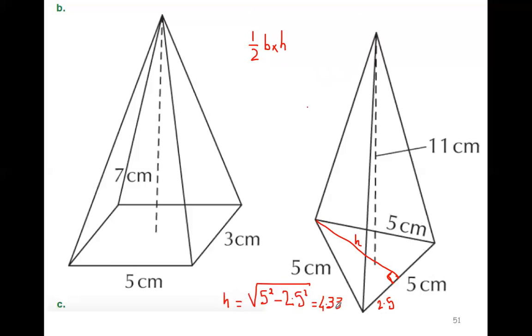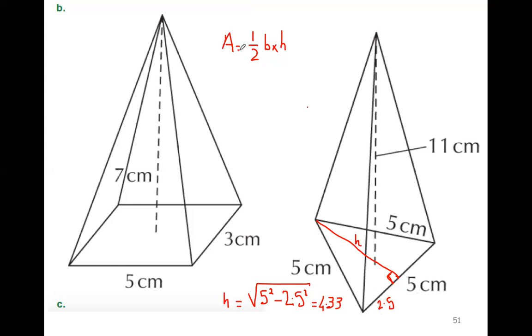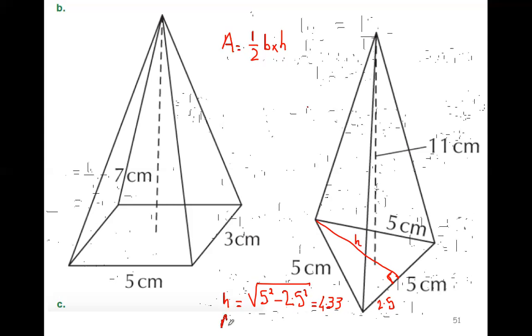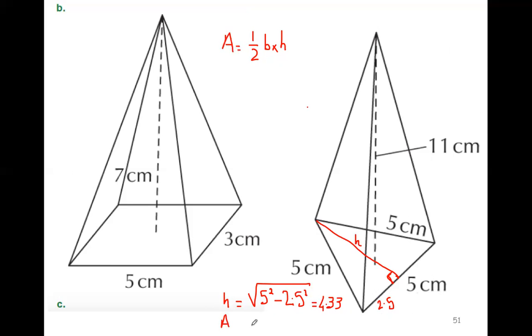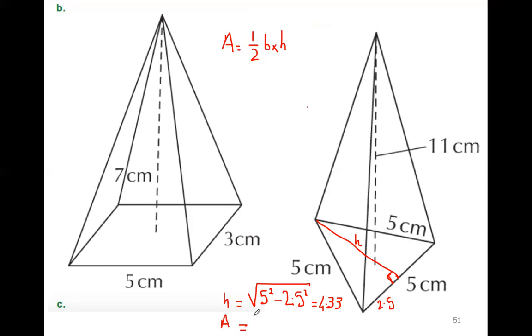And then you need to times that by the height. Not yet. Remember, at the moment we're looking for the area of the triangle. So A equals half of that, times 0.5 times my base, which is 5 centimeters.